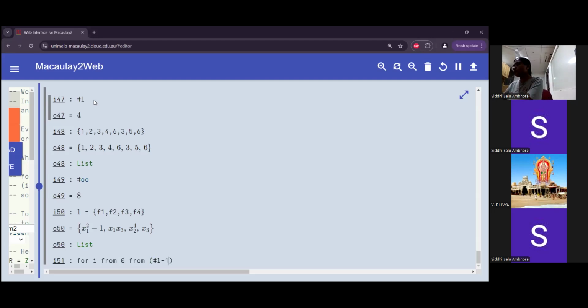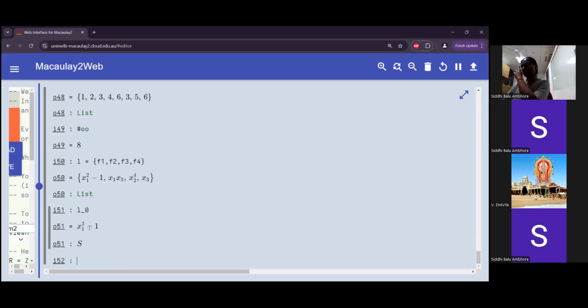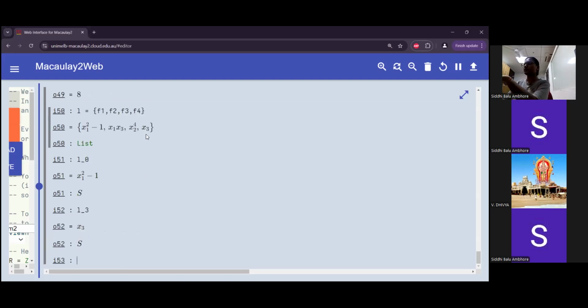Let me keep this with me for now. For example, L0 is this term, x1 squared minus 1. L3 is this term, x3. So what I do is, for i from 0 to L minus 1, I want to list S pairs, right? For j from i plus 1.